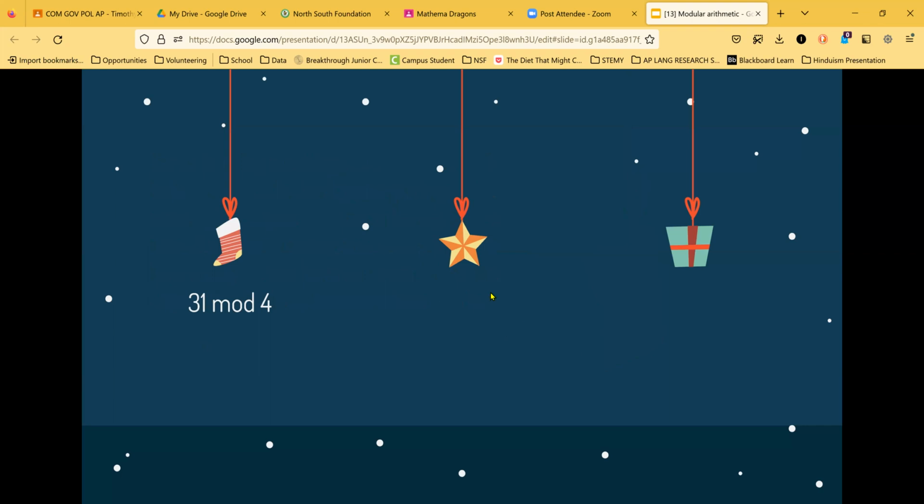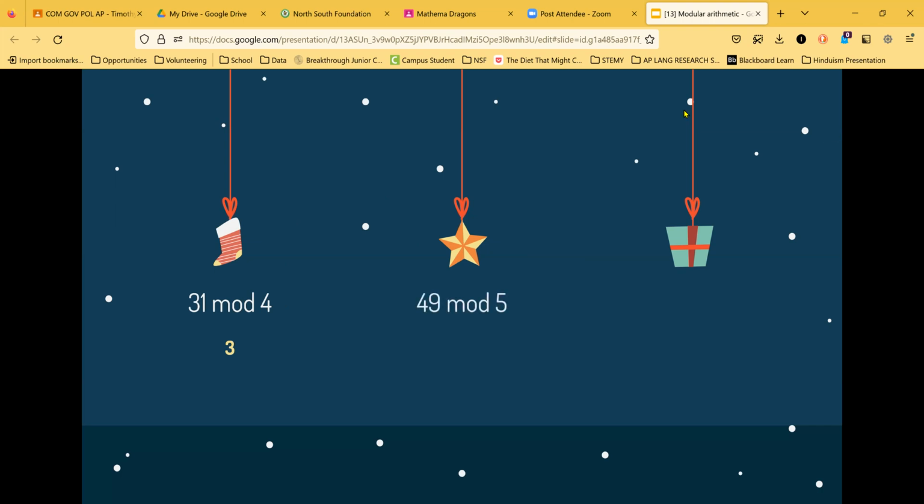So what is 31 mod 4? Yes, 31 mod 4 is equal to 3. When we find the remainder of 31 divided by 4, we see 31 divided by 4 is 7, remainder 3. So it is 3.